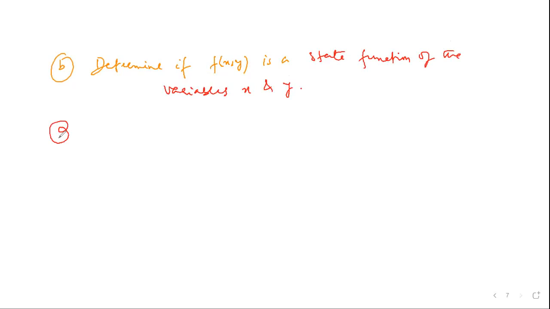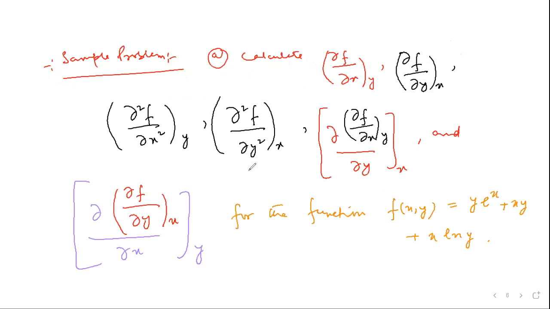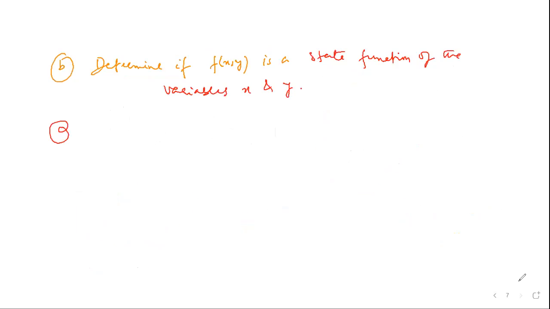We know the test of mixed second order derivatives. See, in this we are first differentiating with respect to x, treating y constant. Then we are differentiating the result with respect to y, treating x constant. In this we are doing the reverse. First we are differentiating the function with respect to y, then with respect to x. So if this derivative and this derivative are equal, then the function is a state function. That is what we have discussed.